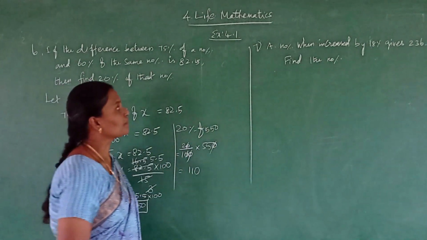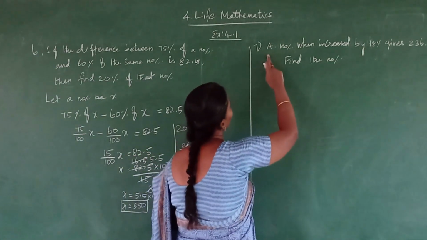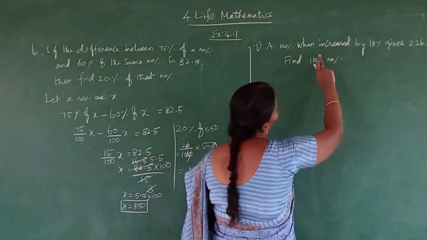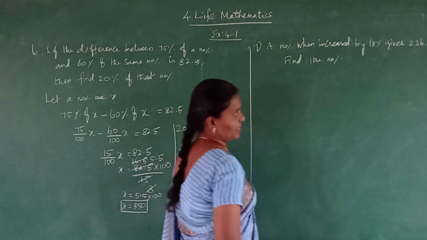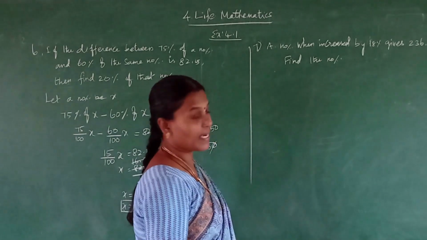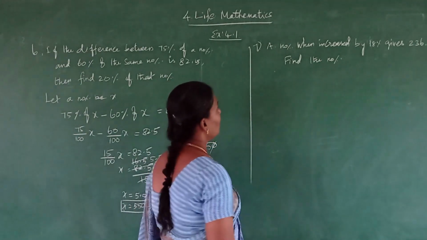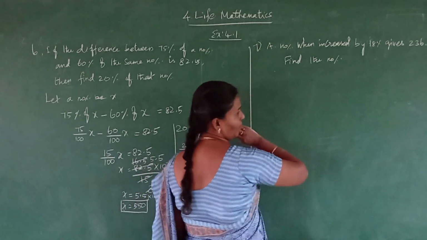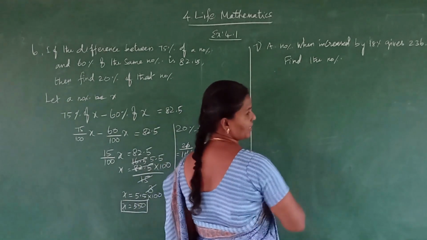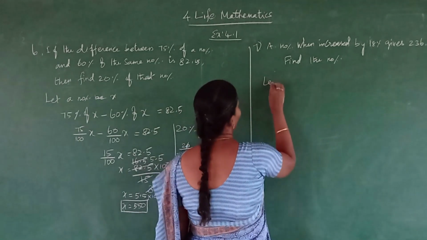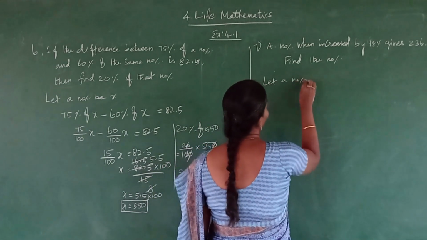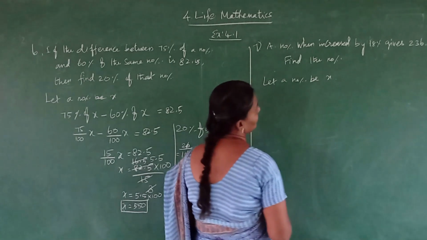Understand, children? Good. Now we see the seventh question. A number when increased by 18% gives 236. Find the number. So the unknown number, you consider it as x. Let the number be x.